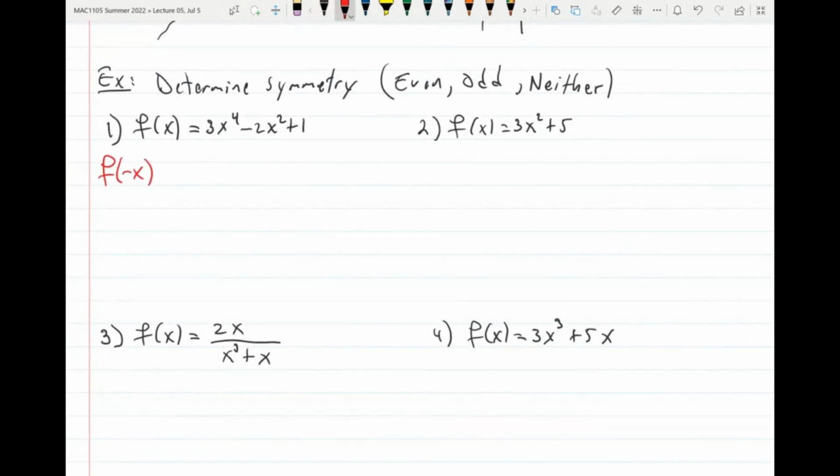So let's find f of negative x. Here you have to be careful. Use your parentheses. Then put the negative x inside. In this case, it happens that all the powers are even. So that's nice because that means that the negatives are gone.